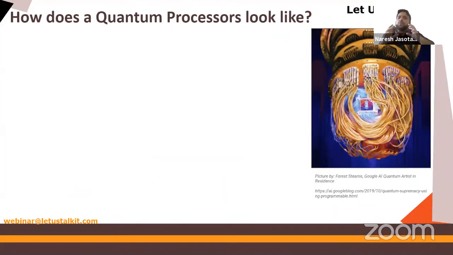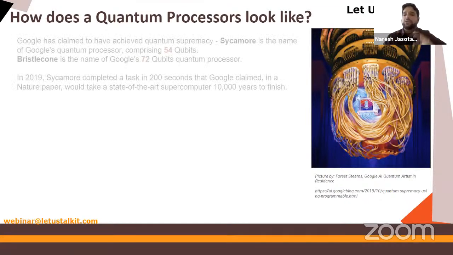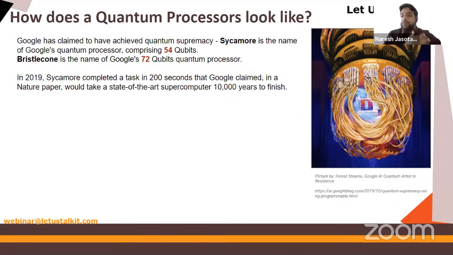First of all, what is a quantum processor and what does it look like? When the classical computers were launched back in the mid-1900s, people thought that it was going to change everything and be the future. And obviously it was. Today, quantum computing is at the same stage as classical computers were almost 80 years ago.